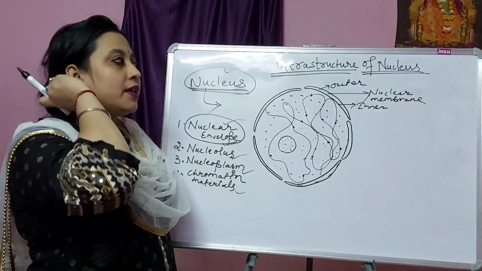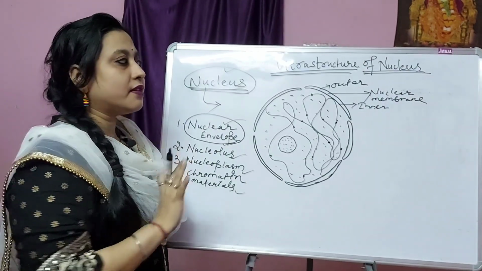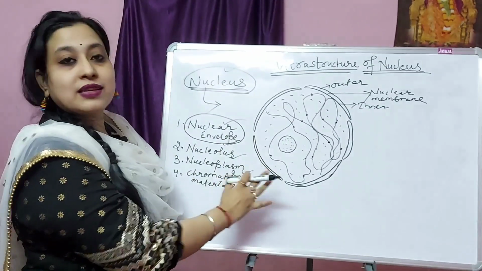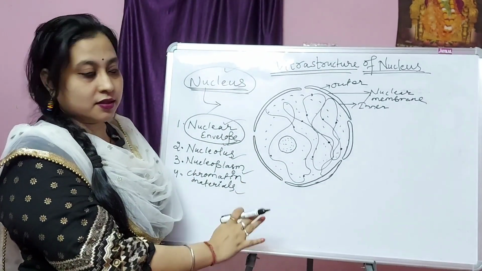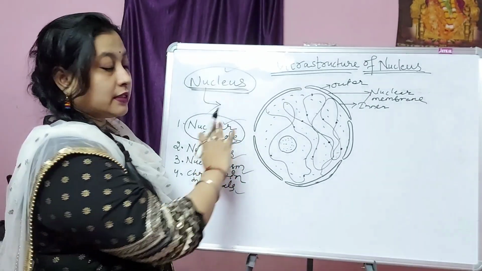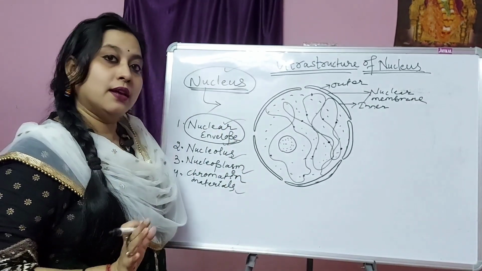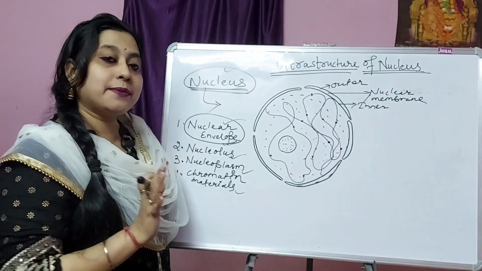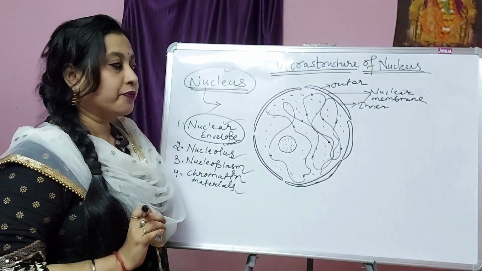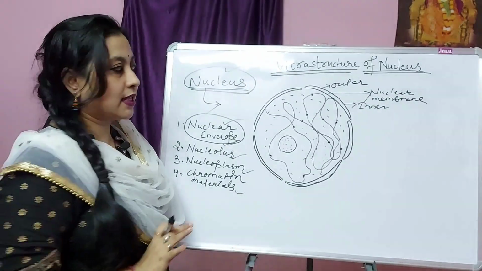But in all the rest of the eukaryotic cells, the nucleus is present, and the true nuclear structure is absent in prokaryotes.